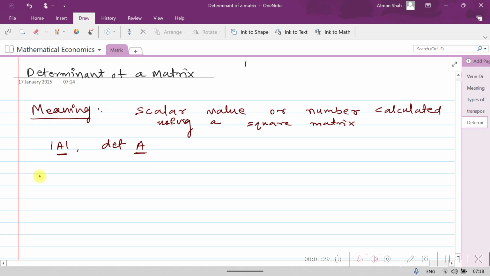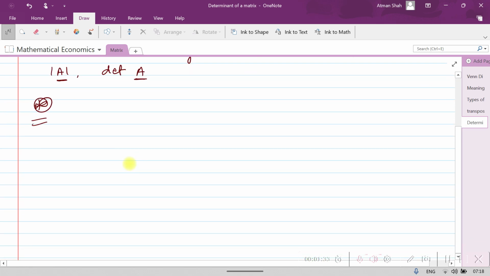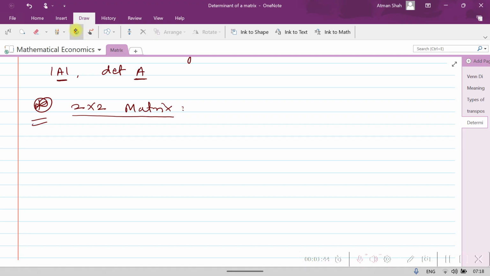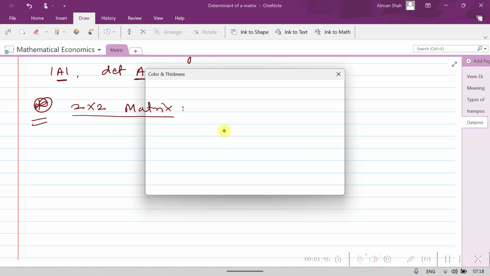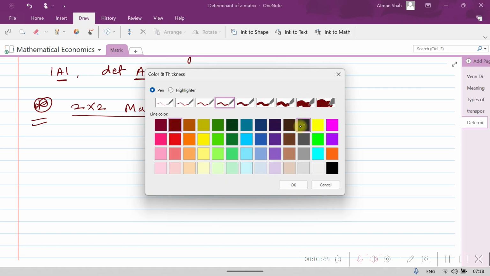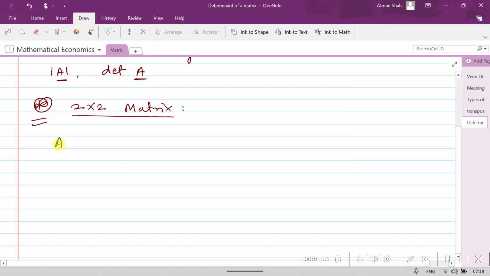So let's see how to find the determinant of a 2 cross 2 matrix. Suppose we have matrix A is equal to [A11, A12; A21, A22].